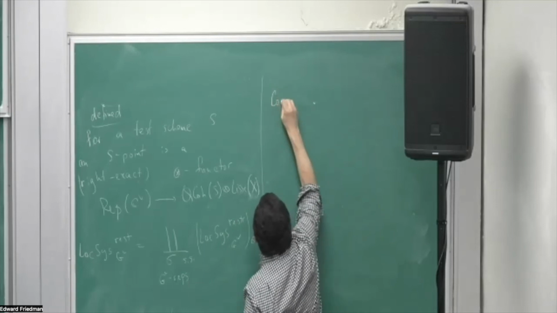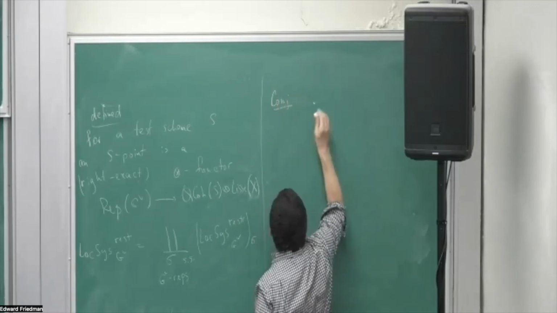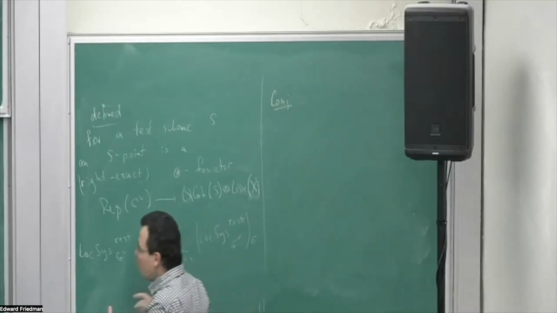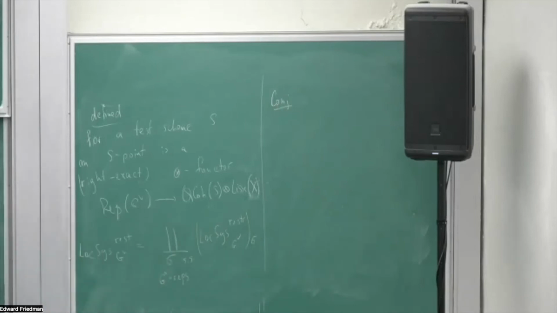So maybe we state, first of all, having defined this moduli space, a kind of categorified version of the conjecture.